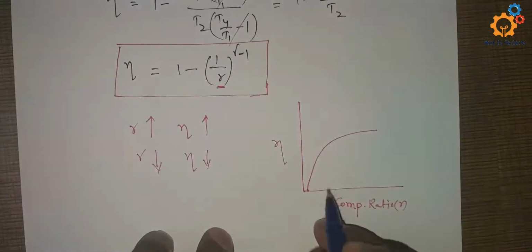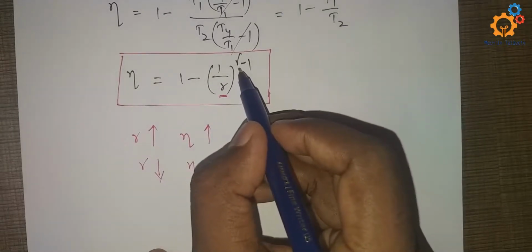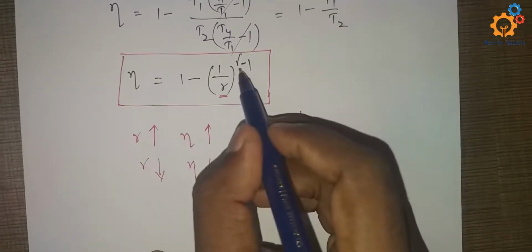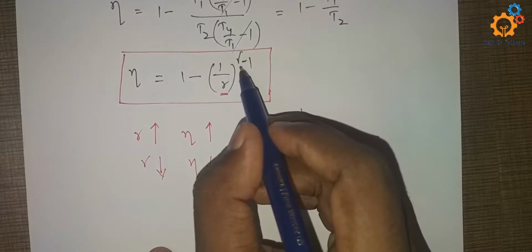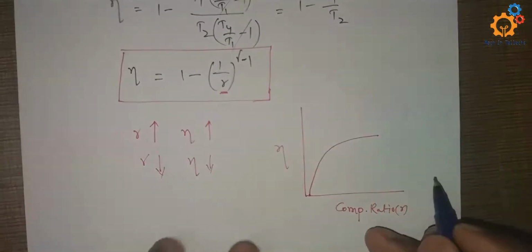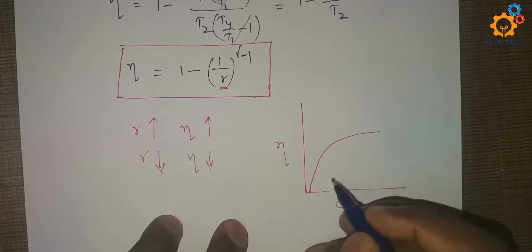And if you take different gases, why? Because the efficiency can also be a function of gamma, the adiabatic index, and we will take it as 1.4 for diatomic gases. What happens to monoatomic gases and triatomic gases? Look at this.